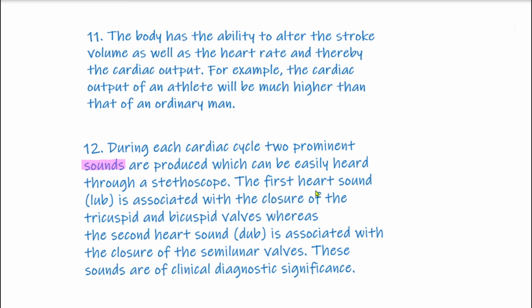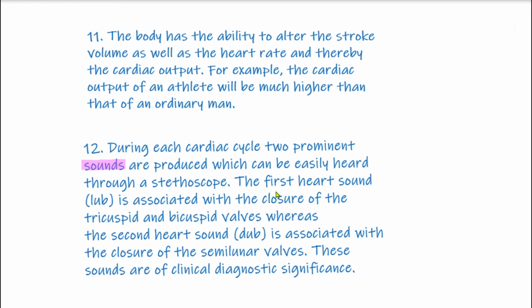The first heart sound, lub, is associated with the closure of the tricuspid and bicuspid valves. And students, during this cardiac cycle, as we have studied, there occurs the closure of AV valves.